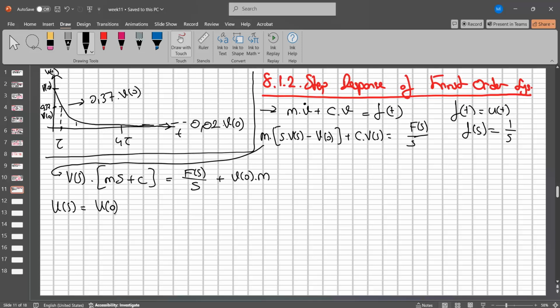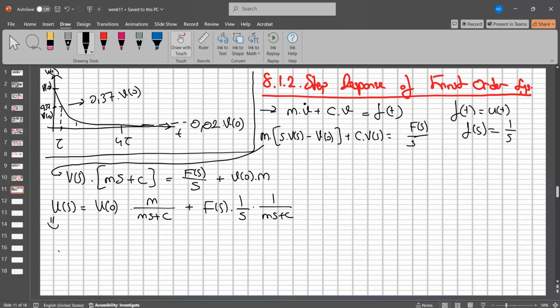V0 times 1 divided by (Ms plus C) plus F(s) times 1 divided by s times 1 divided by (Ms plus C). Okay? This is the reorganization of the whole equation.